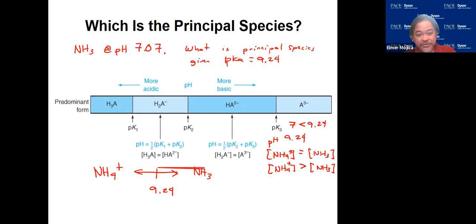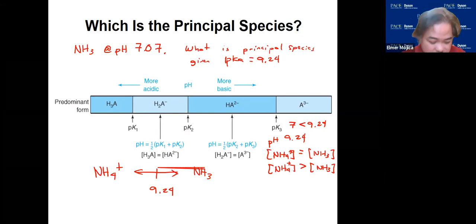Okay? So these are the questions that you have in the blackboard. Now, the question is, can we determine the fraction that we have? Because what we have right now is just a qualitative question: what is the predominant or principal species given the pH and provided the pKa?